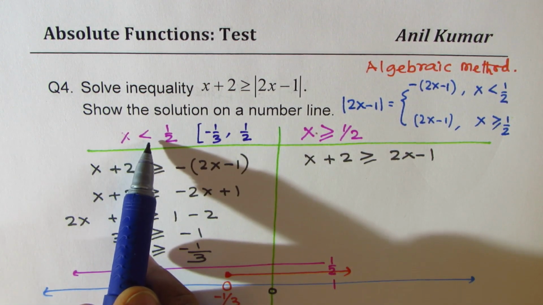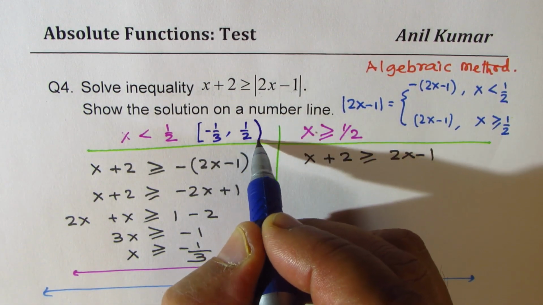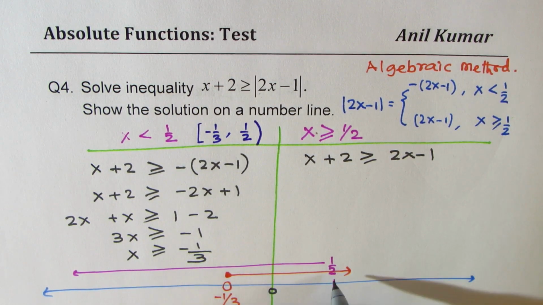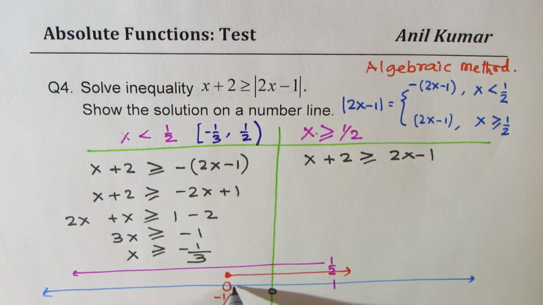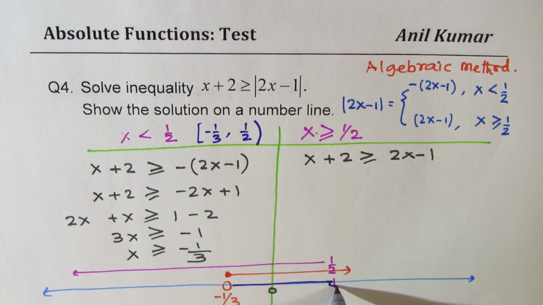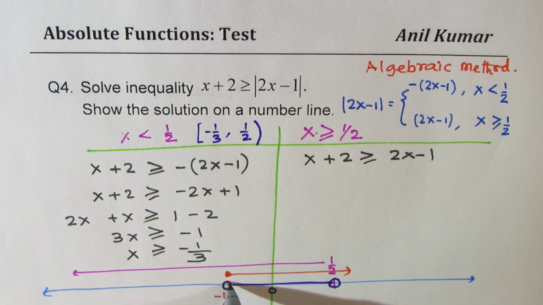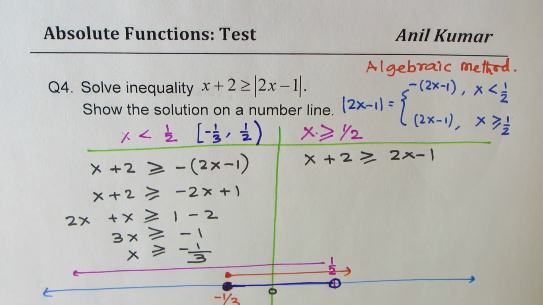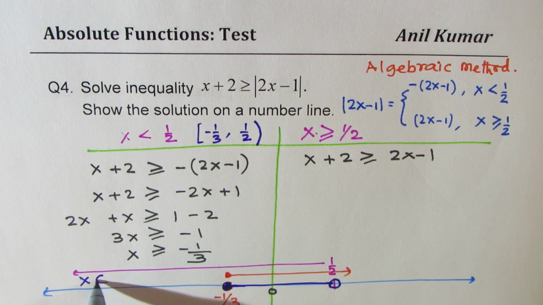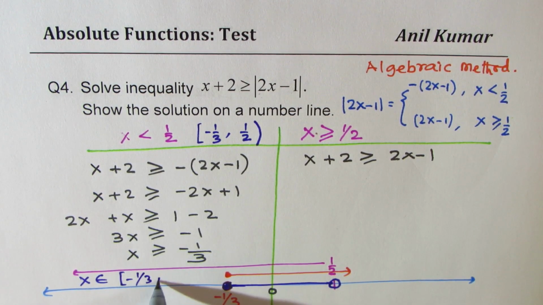Now, since half is not included, we will not include it. Does that make sense to you? So the solution is this portion. This is not included, but that is included. So that becomes the solution. Do you get the idea? Correct? So from here, we say that x belongs to minus 1 over 3 to half.